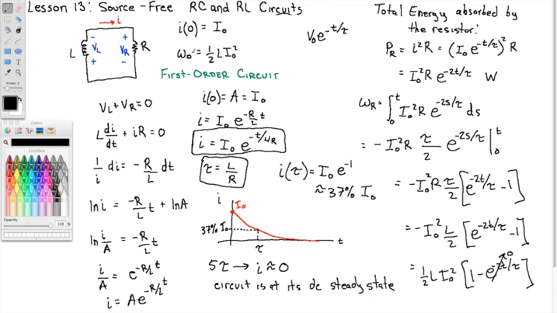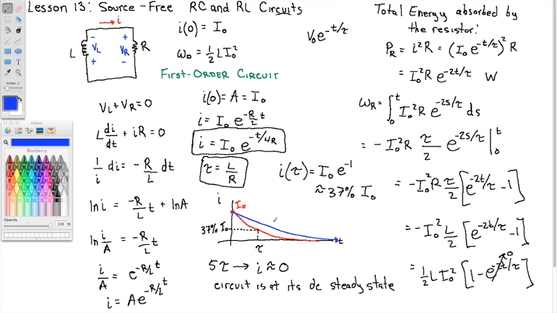Now, I do want to bring up a point here. If we were to increase the time constant, and I'll draw that in blue, if we increase the time constant either by raising L or lowering R, by definition then, it takes longer for the energy or the current to dissipate.